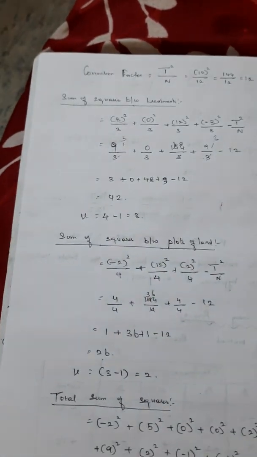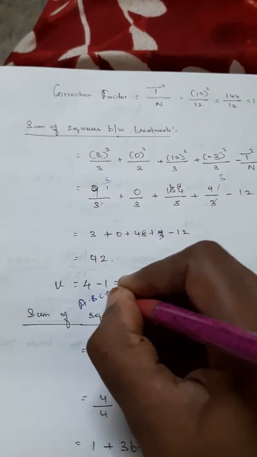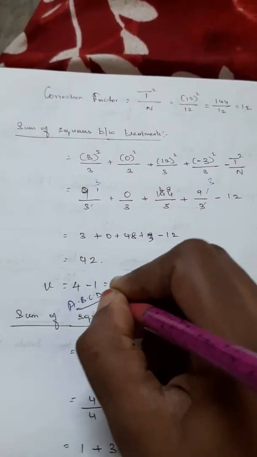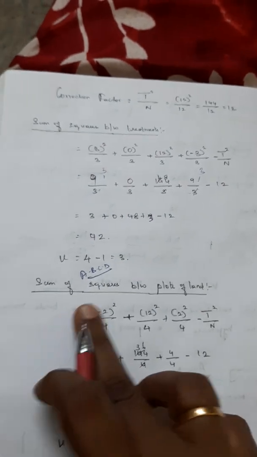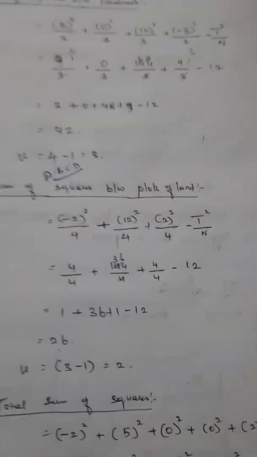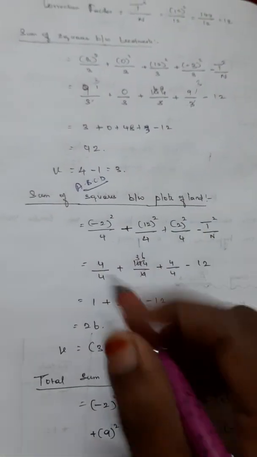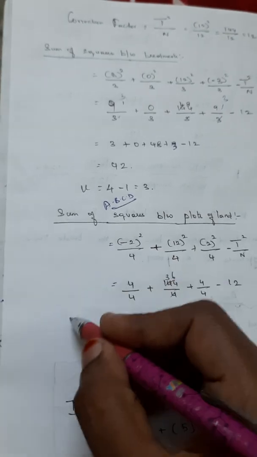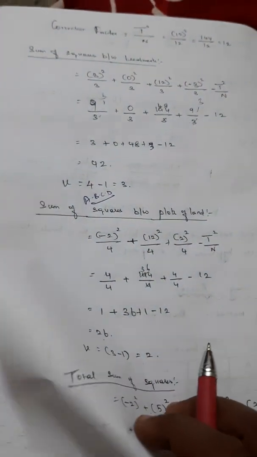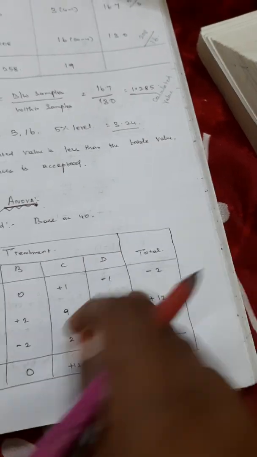The degree of freedom is the number of columns minus 1. We had A, B, C, D, 4 columns, so 4 minus 1 is 3. Then the sum of squares between plots of land. Plots of land are the rows 1, 2, 3. The row totals are minus 2, 12, 2.